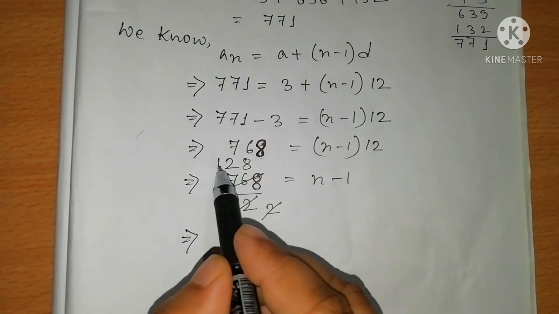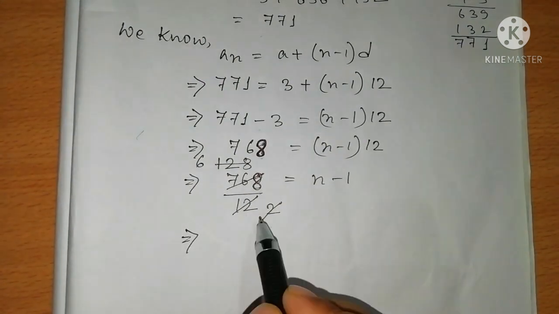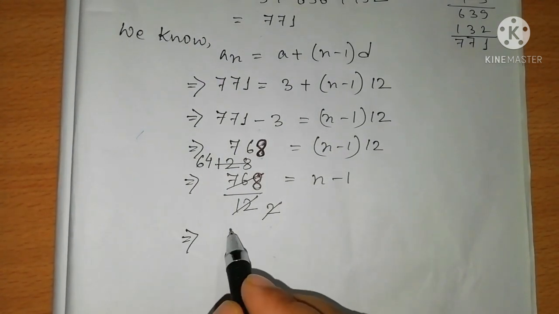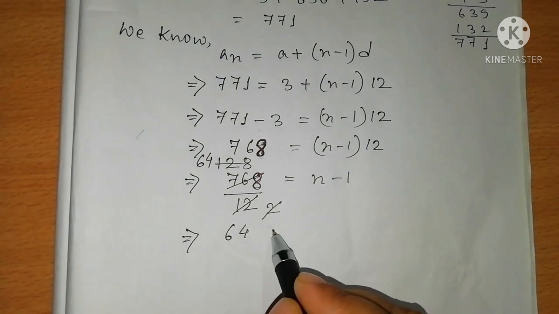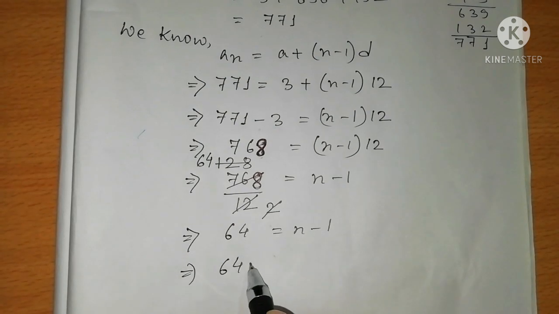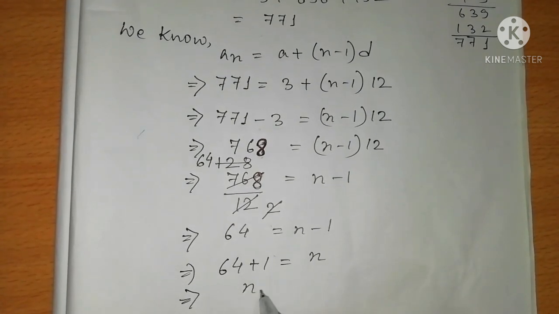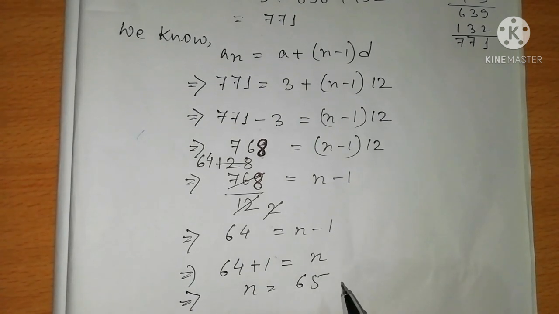Again 2 and 128 can be cancelled: 2 6s are 12, 2 4s are 8. So 64 is equal to n minus 1. 64 plus 1 is equal to n. That means n equals 65.